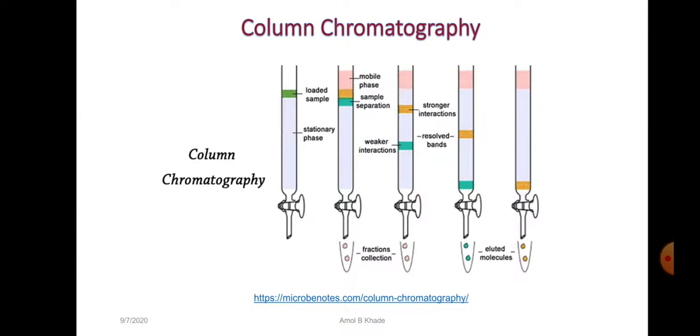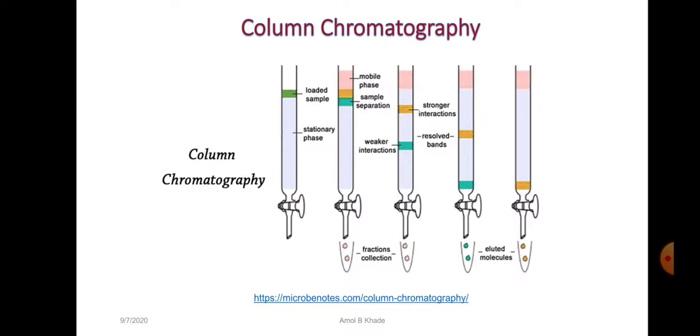So this holds the stationary phase steady inside the glass column. This is the packing of the stationary phase, and on top of it we load our sample. Your sample could be solid or liquid.